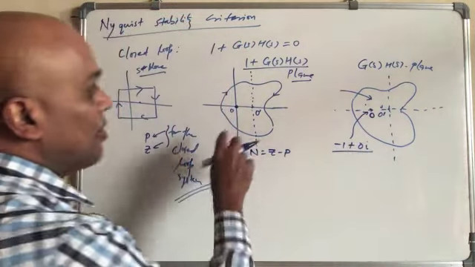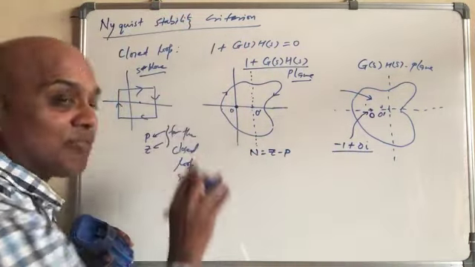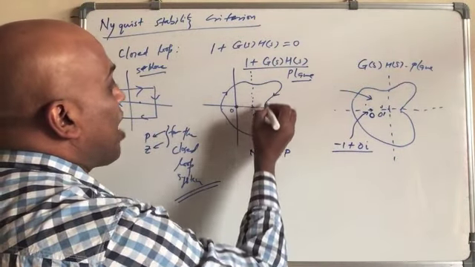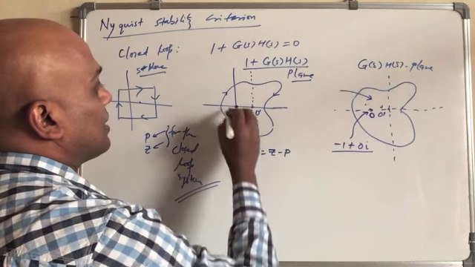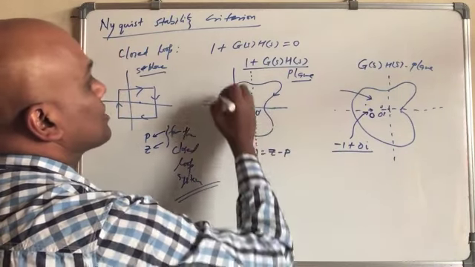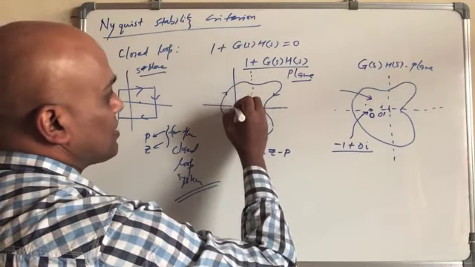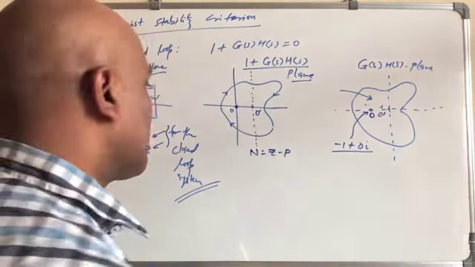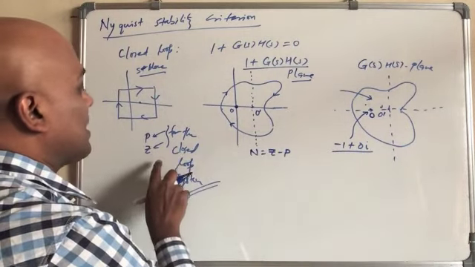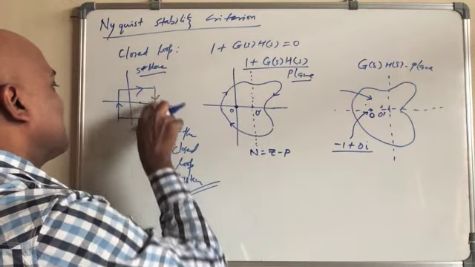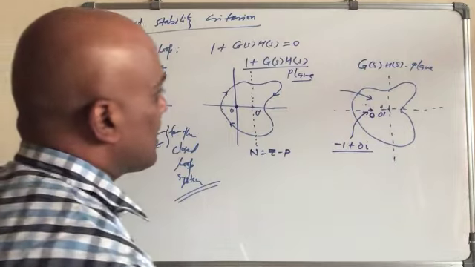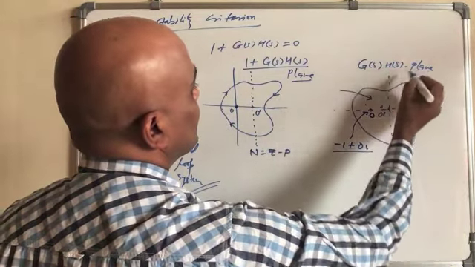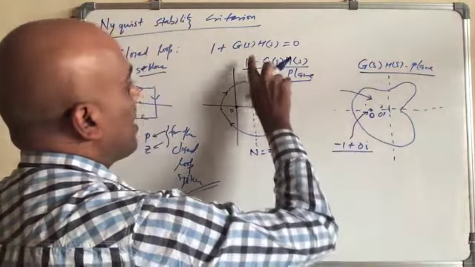Now, from the mapping theorem, depending on how many times you have these loops, the number of encirclements of 0 is going to give you the number of poles and zeros inside this S plane. If you have just G(s) times H(s) plane only, you are not adding 1.